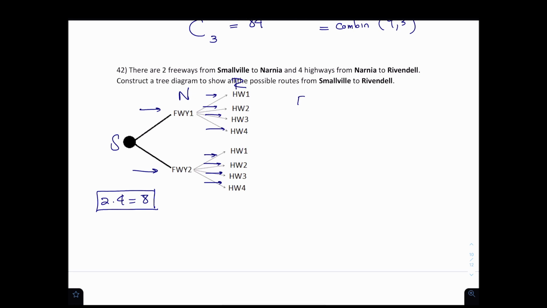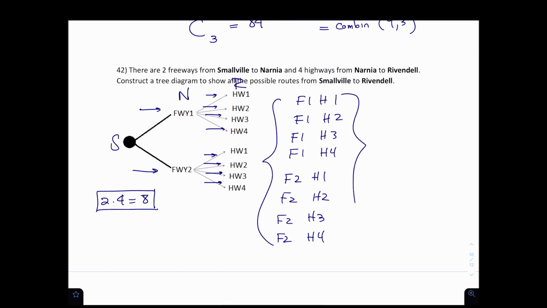Freeway 1, Highway 1; Freeway 1, Highway 2; Freeway 1, Highway 3; Freeway 1, Highway 4; and then Freeway 2, Highway 1; Freeway 2, Highway 2; Freeway 2, Highway 3; and Freeway 2, Highway 4. These are your 8 outcomes. And recall, this is called the sample space, the collection of all the outcomes.